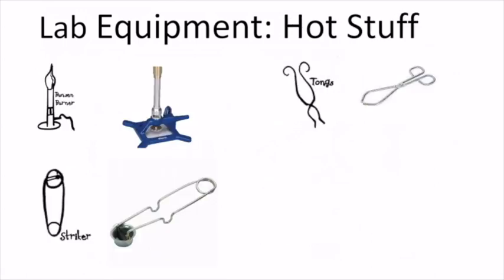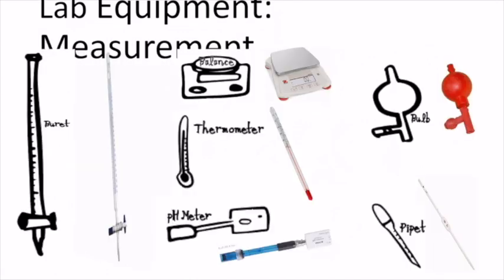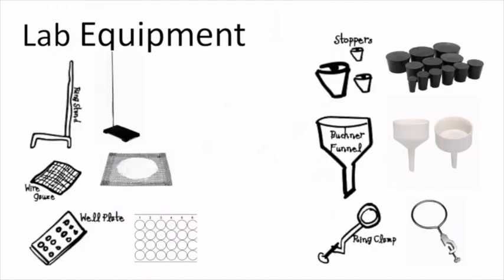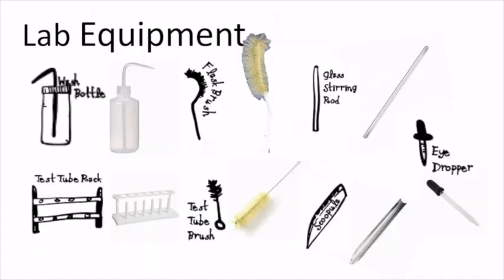We'll use Bunsen burners, strikers, and tongs, burettes, balance, thermometer, pH meter, bulb, pipette, ring stand, wire gauze, well plate, stopper, Buchner funnel, ring clamp, wash bottle, test tube rack, flask brush, test tube brush, glass stirring rod, spatula, eyedropper.